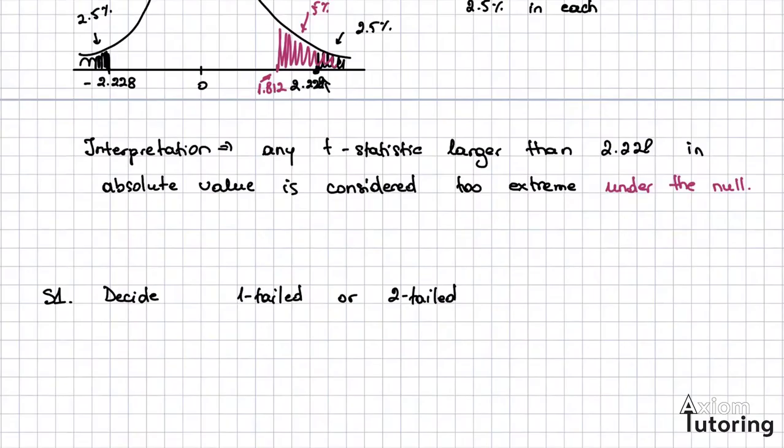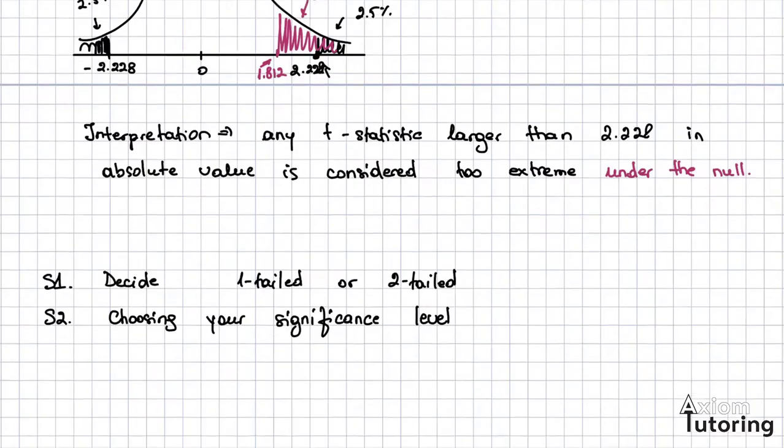If you're not given whether it's a one-tailed or two-tailed, in that case, you can choose it yourself right at the beginning. The second step is choosing your significance level, which is what I have done here by saying, for instance, 5% or 2.5% or 10% and so on.